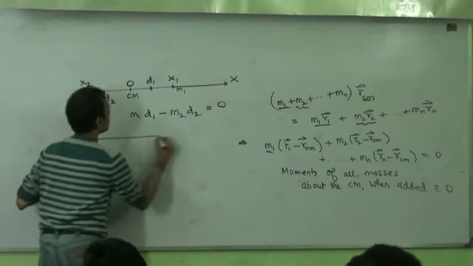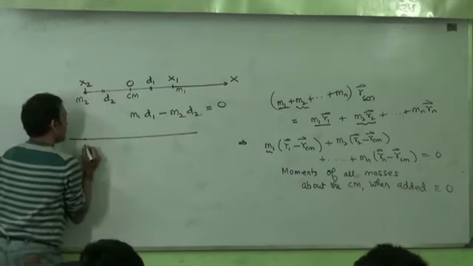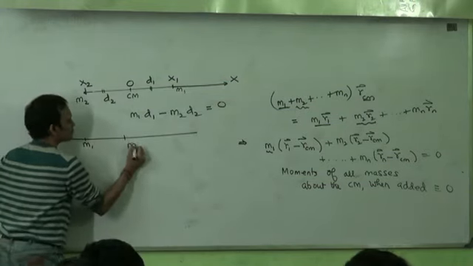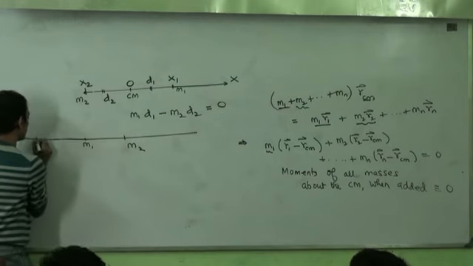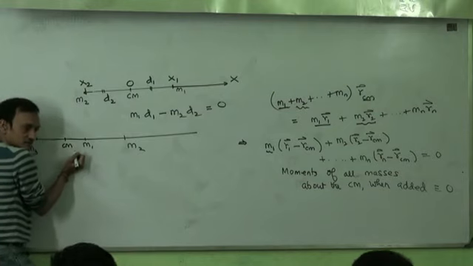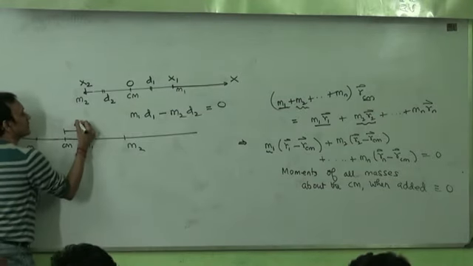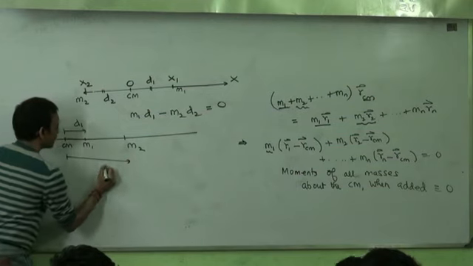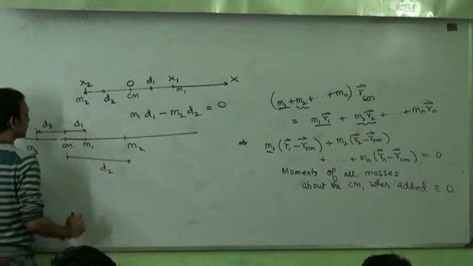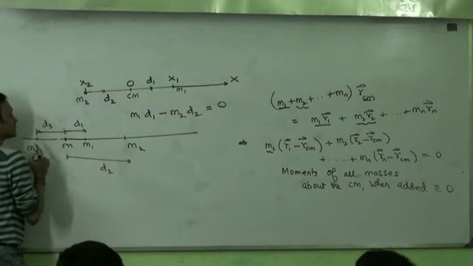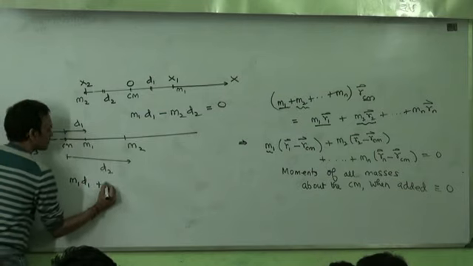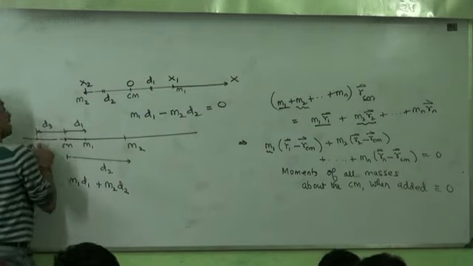You could have had any number of masses, let's say along a straight line. This was a mass m1, this was mass m2, this was mass m3, and let's say this was the center of mass, and these distances were d1, d2, and d3, all positive distances. Then the moments produced about the center of mass are m1 d1 plus m2 d2 minus m3 d3.